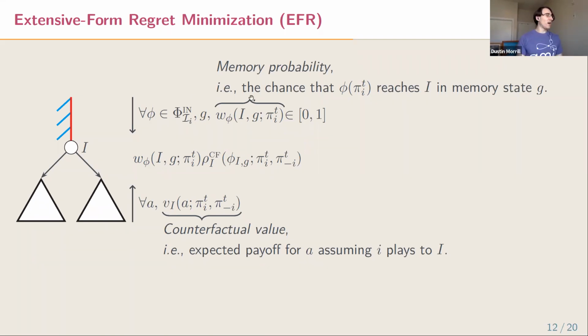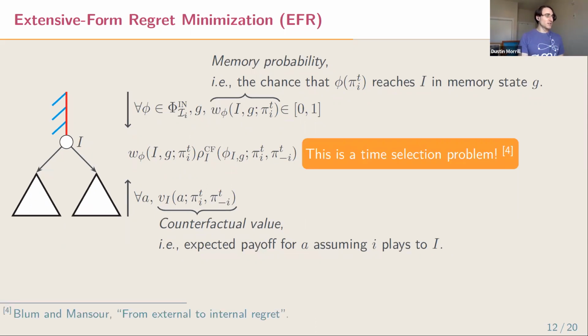So notice again that we're going to have one of these weighted regrets for every behavioral deviation. So we're going to have a bunch of these. And we want to ensure that all of these go to 0 on average over time. We don't want to have any regret under any of these behavioral deviations over time. It turns out that this is actually a somewhat well-studied problem called time selection.